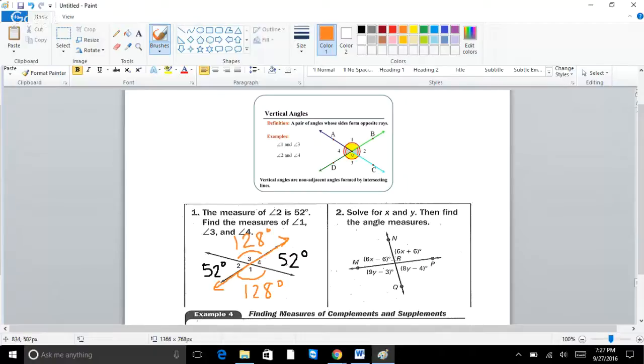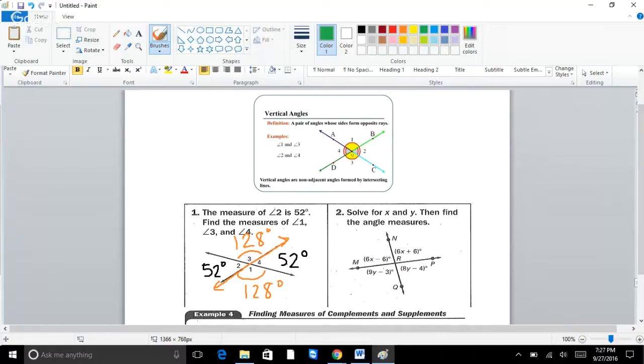Now, example 2 is a very similar example, except they've put some algebra in there for us to figure out. First up, we need to figure out what our vertical angles are, and also to see if we have any supplements.